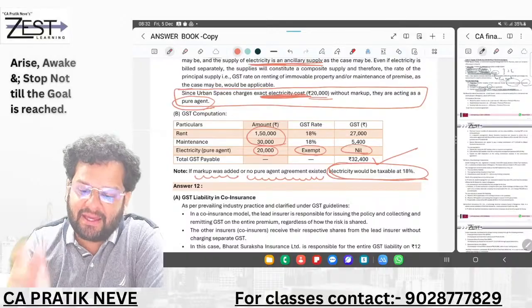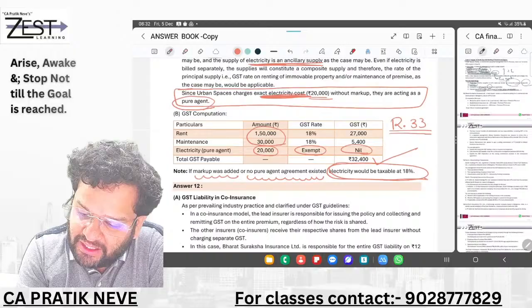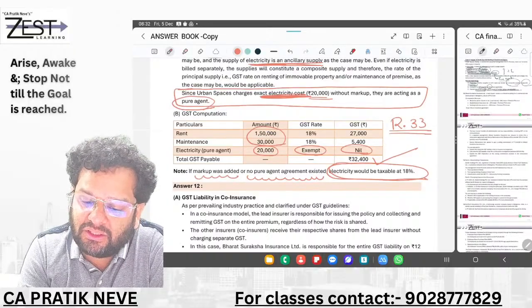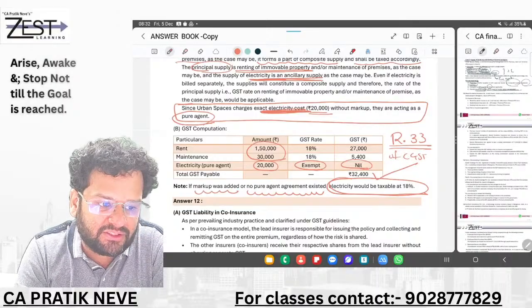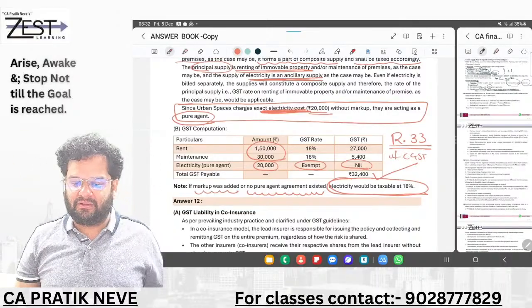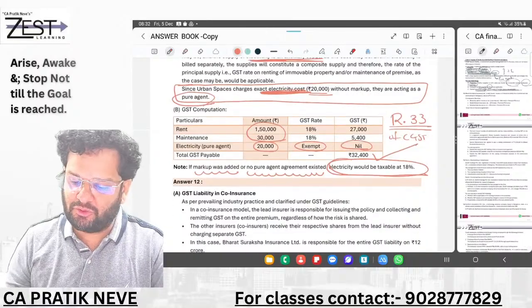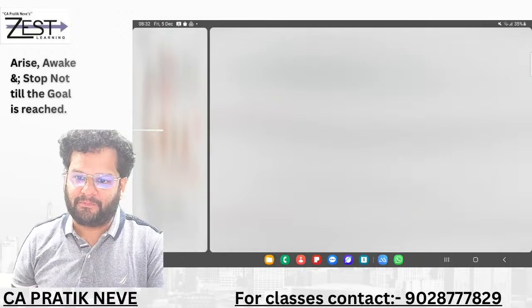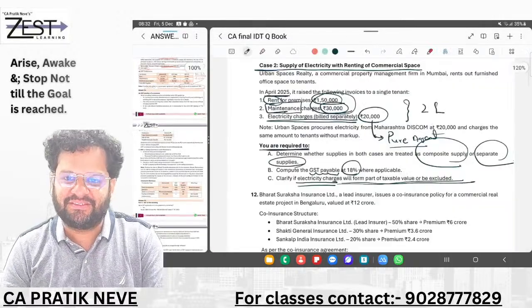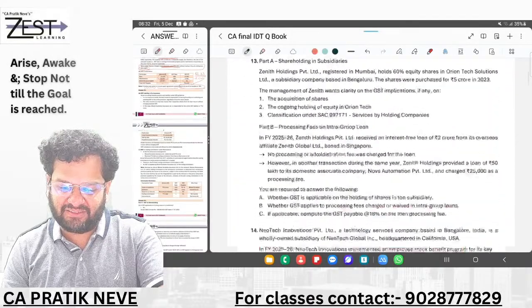You know na, any amount which is recovered as pure agent should be excluded as per Rule 33 of CGST Rules. We have done this in value of supply. Anything recovered as pure agent should be excluded. Clear? So this way we are on track right now.